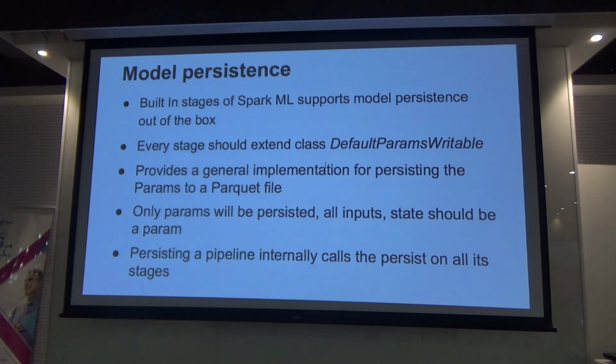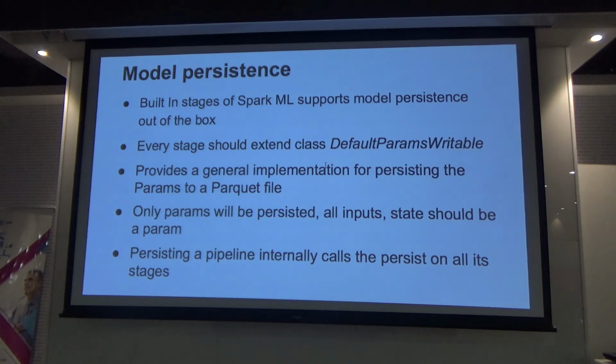That is one of the reasons why I said we need to use the params for all the algorithms, like input column and other things. We could also take it as a method or class level parameter, but we instead use Spark's params API because we get persistence for free.